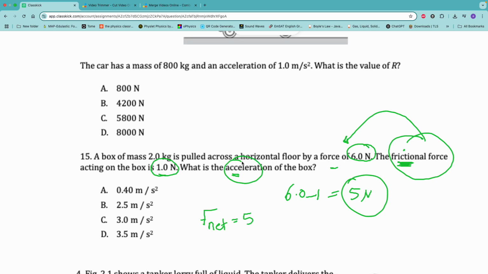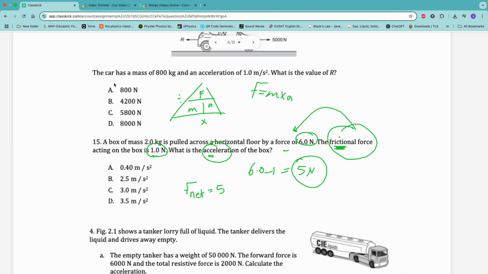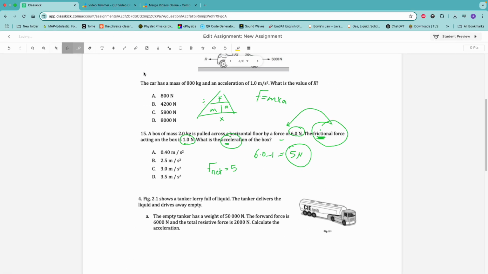Acceleration is wanted here, by using Newton's second law, force equals M times A. We can just rearrange it. If acceleration is required to be calculated, it's going to be net force over mass.